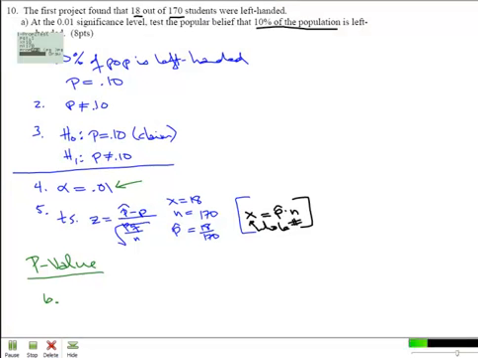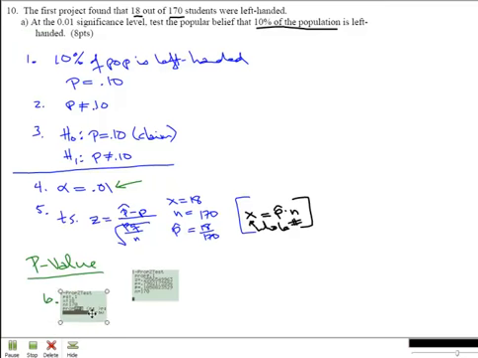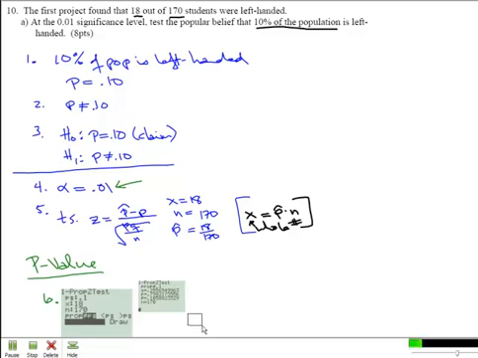Okay, so I have a couple of things that we need to bring down here. We have the input information, and this is the output information. So when you're doing this, again, I would like to know what command you're using on a calculator. In this case, the command you're using is the 1-prop Z test.